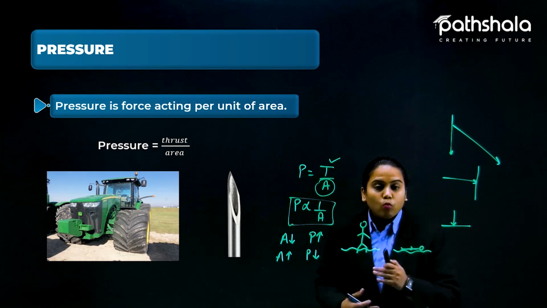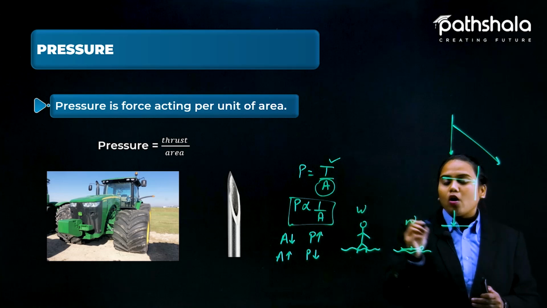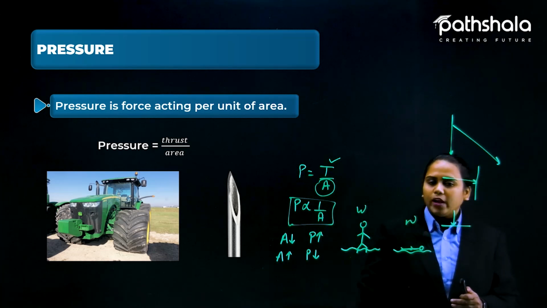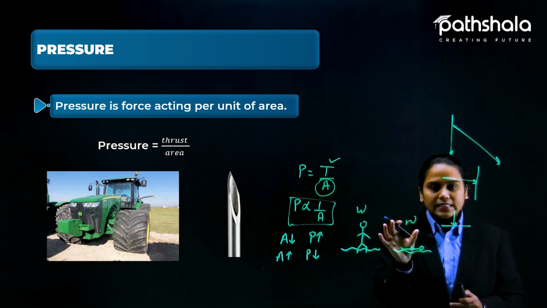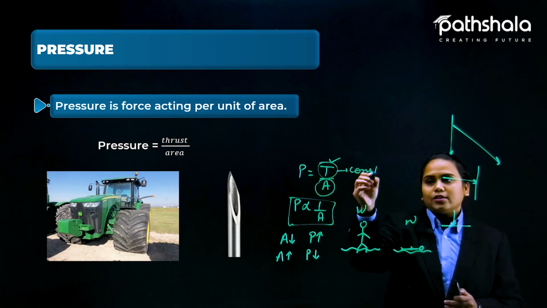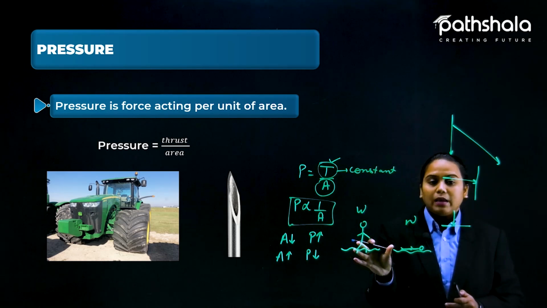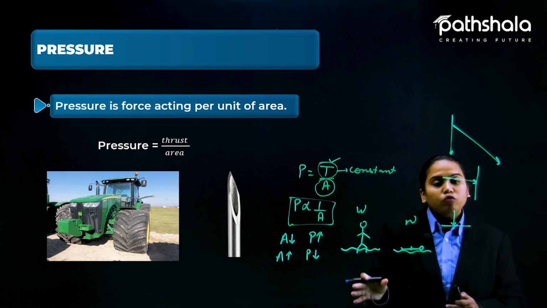Now, one more thing we can imagine here is that the weight of both bodies is the same. As the weight is the same, we can take the thrust as a constant, that is not going to change in both cases, because both are applying equal force.